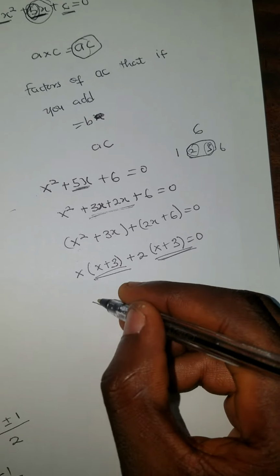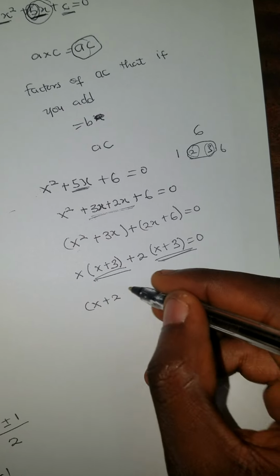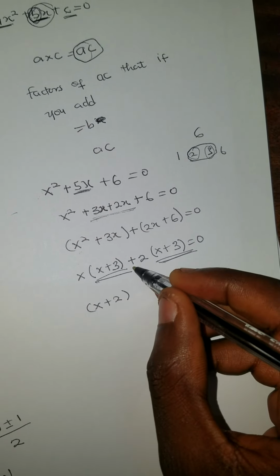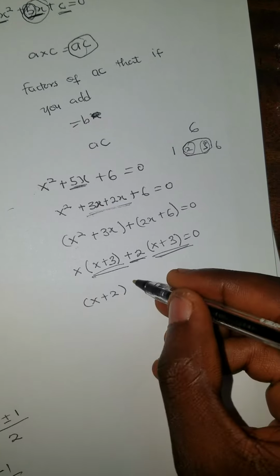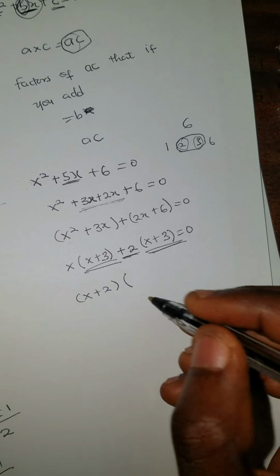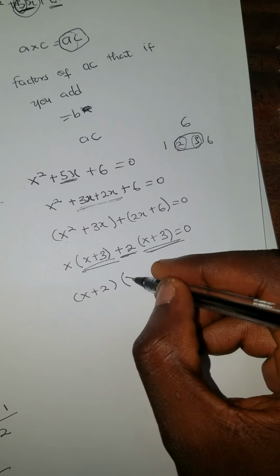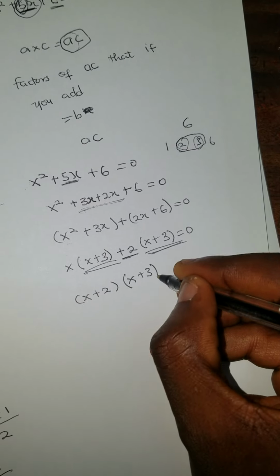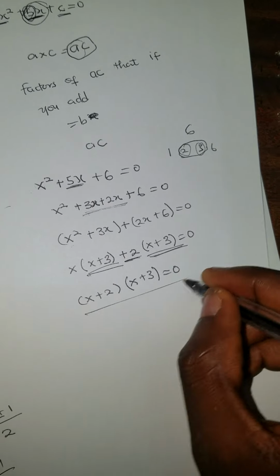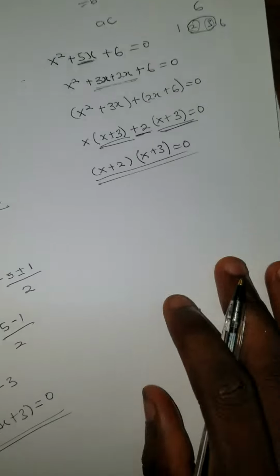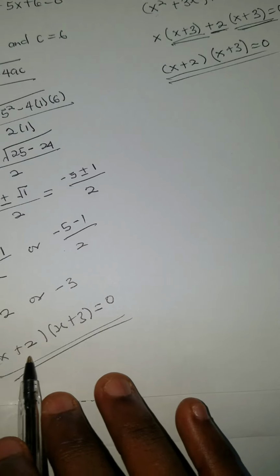So you pick x plus 2, and then bring out one of the brackets, which is x plus 3, equal to 0.